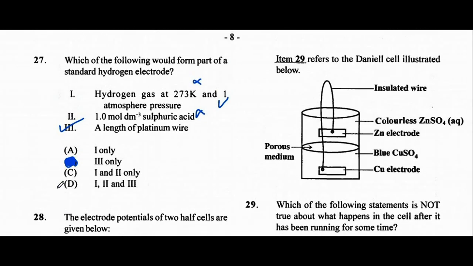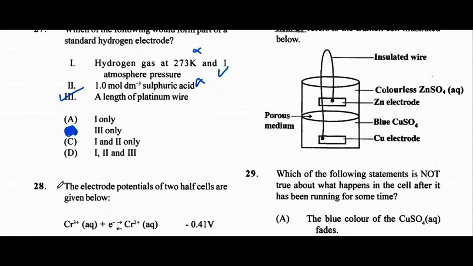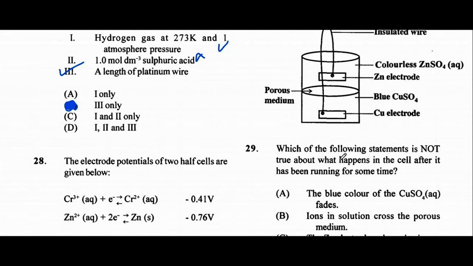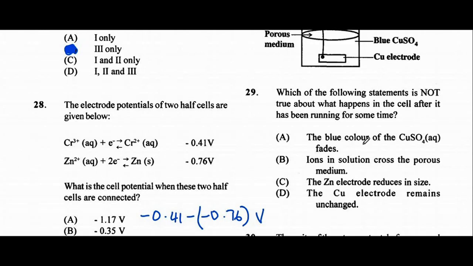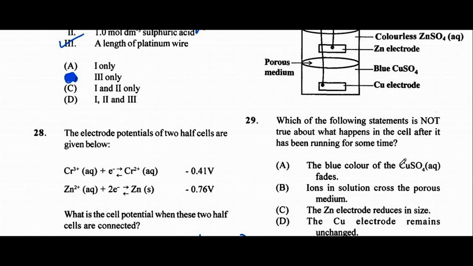29 refers to the Daniel cell illustrated below. Which of the following statements is not true about what happens in the cell after it has been running for some time? The blue color of the copper sulfate fades. Ions in solution cross the porous medium.